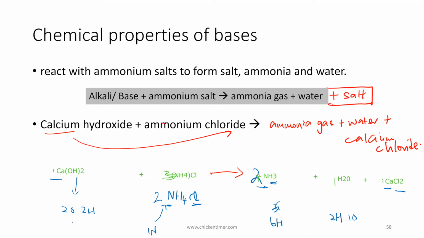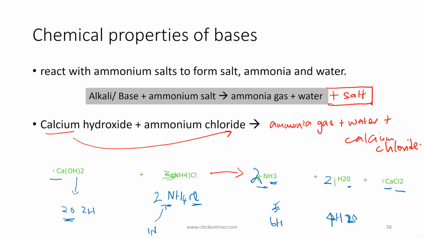But clearly I have 2 oxygen here, so I need to put 2 here to balance the oxygen. So it becomes 4, and hydrogen will also become 4.